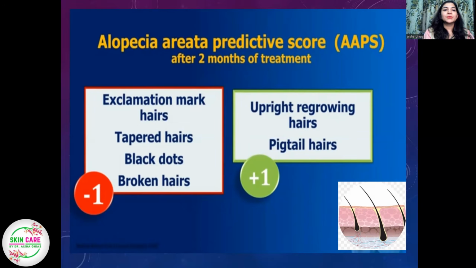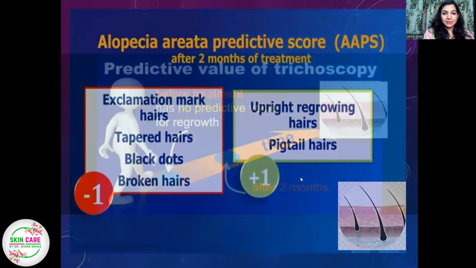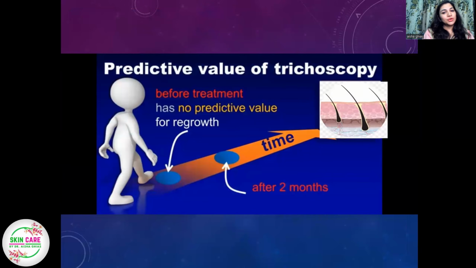Okay, so we were talking about the predictive score. You score the alopecia areata trichoscopic picture based on these parameters. You give -1 to all these features and +1 to all these, and then the final score is calculated. Once you have calculated the score at the start when the patient presented to you, you follow up your patient after a couple of months. You've started the treatment.